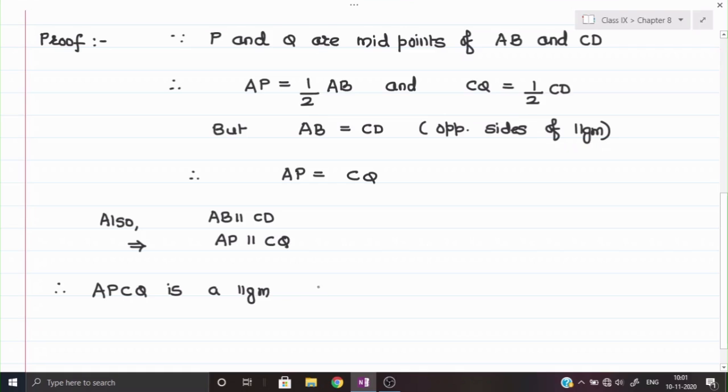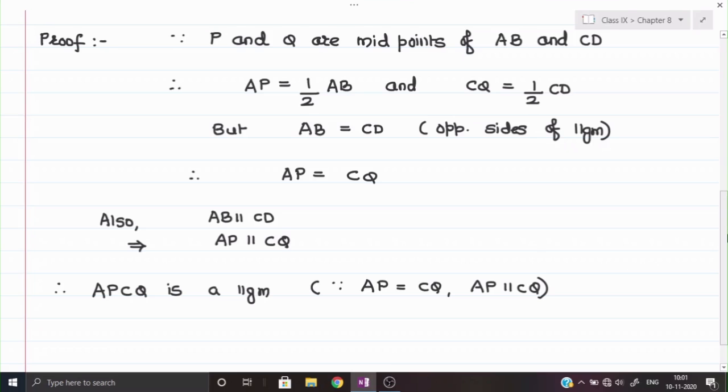If you want to write it down for yourself, you can say that since AP is equal to CQ and AP is parallel to CQ, that we have proved earlier, one pair of opposite sides is proved parallel as well as equal. So it will become a parallelogram.